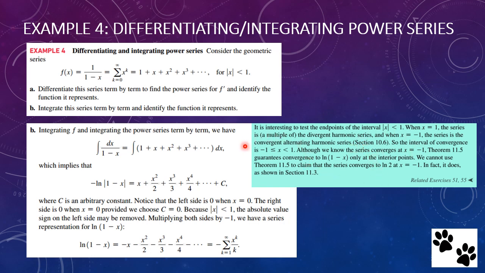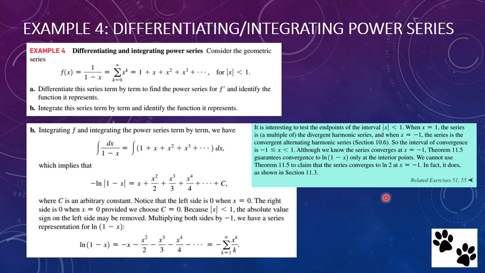So the interval of convergence actually includes the -1 endpoint, but excludes the 1 endpoint. Now, it didn't ask you to find that, it just asks you to find those integrals, and we know that the series converges at x equals -1.